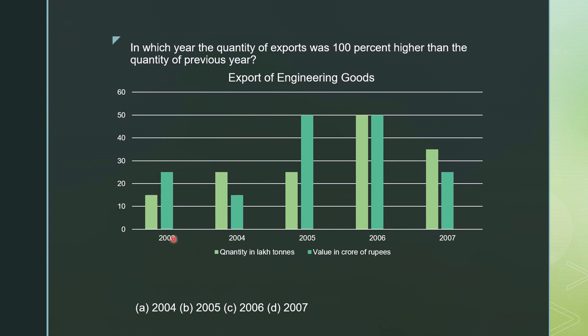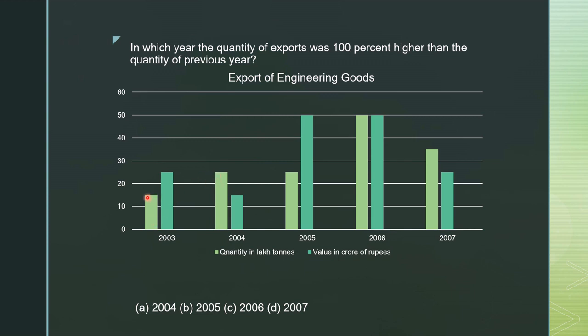So in which year the quantity of exports was 100% higher than the quantity of the previous year? In option A, that means in 2004 we have to consider it with respect to 2003.